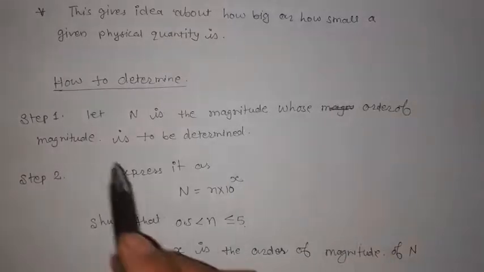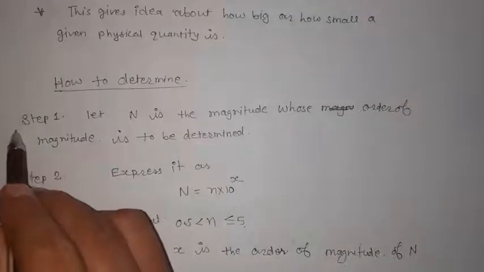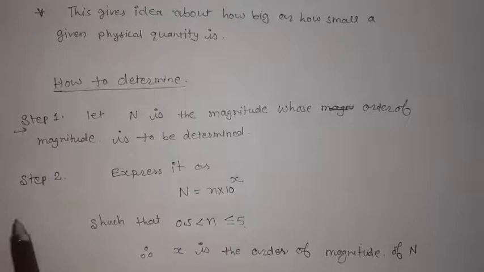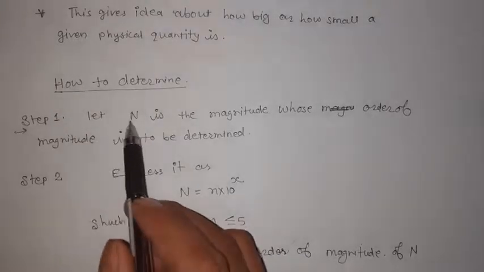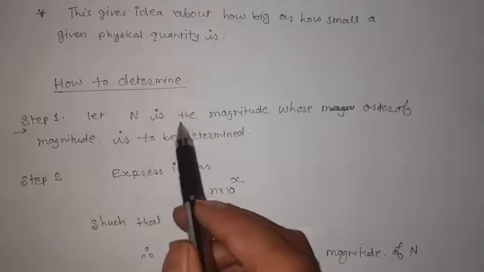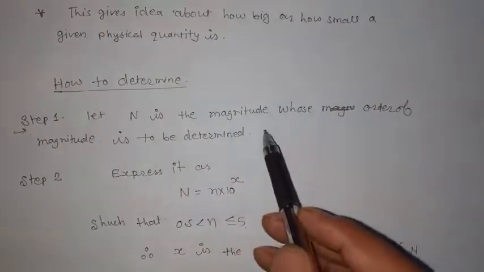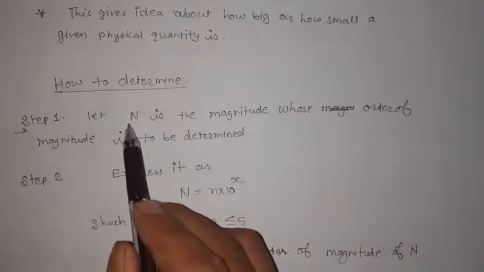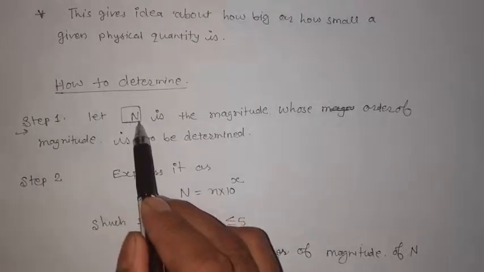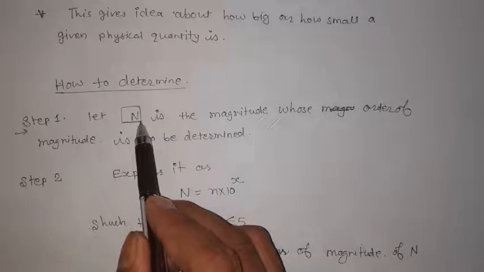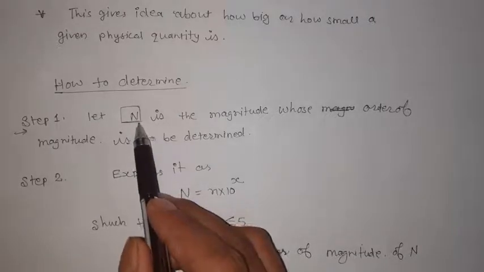For this, students, let us suppose this is step number 1. Step number 1 says: let us consider the value whose order of magnitude we want to determine. I have supposed it to be n. That value whose order of magnitude I want to determine is n.